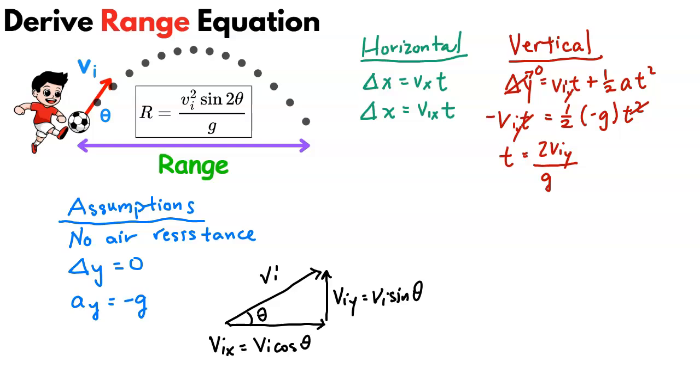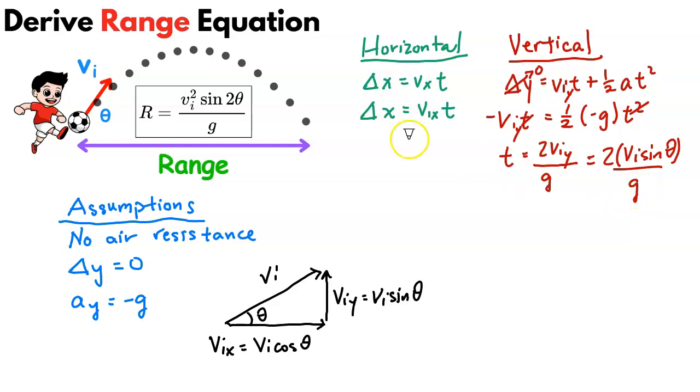So I can do a substitution here. The 2 viy from right here becomes 2 vi sine theta divided by g.